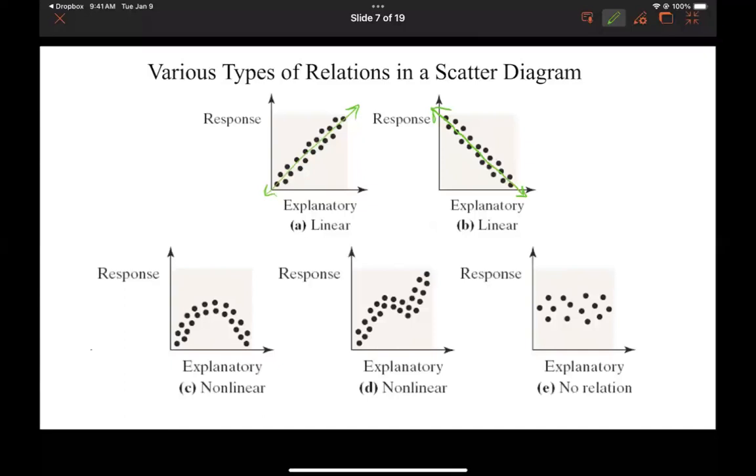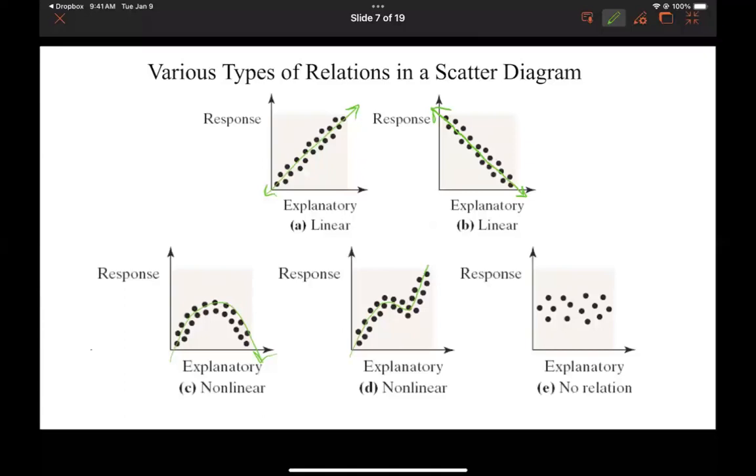So this one down here, letter C, if you remember algebra 2, you can see this looks basically quadratic, but we can't say it's a linear relation because it's not. There is a relation, it's just not linear. You may not know what this one is, but this one is cubic. I just know it because I'm a math person. So it definitely has a relation. It just doesn't have a linear relation.